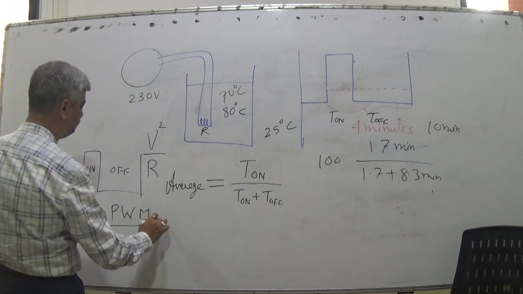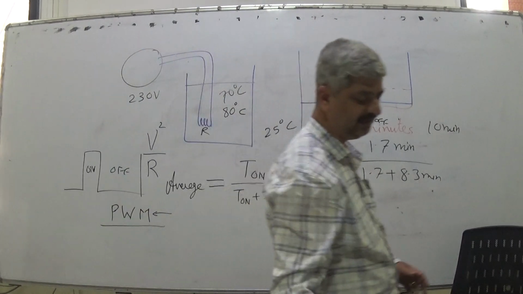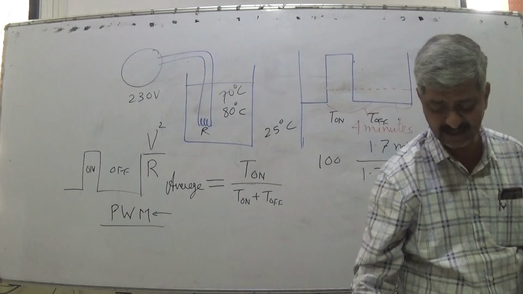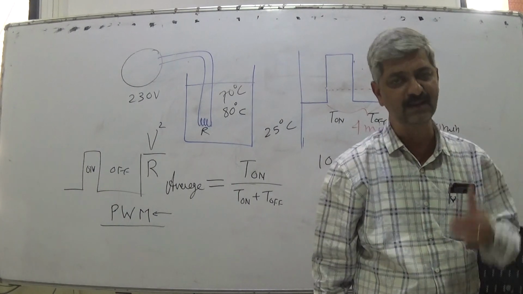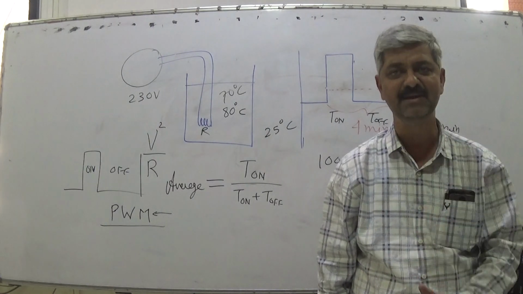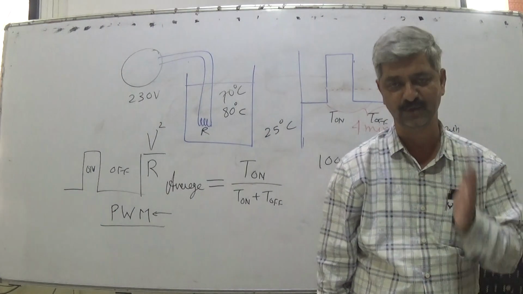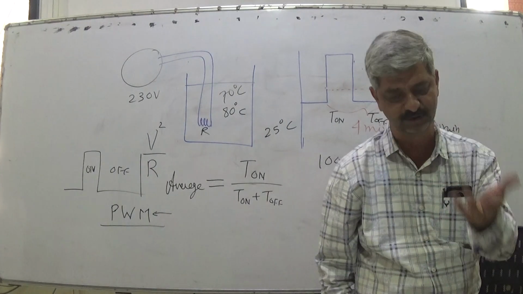It is called PWM, pulse width modulated digital output. It is very easy to implement, and since the systems are slow, there is no need for a DAC. So PWM is an alternative, low-cost, easily implementable digital to analog converter. The overall temperature control system example we will take next time. Thank you.